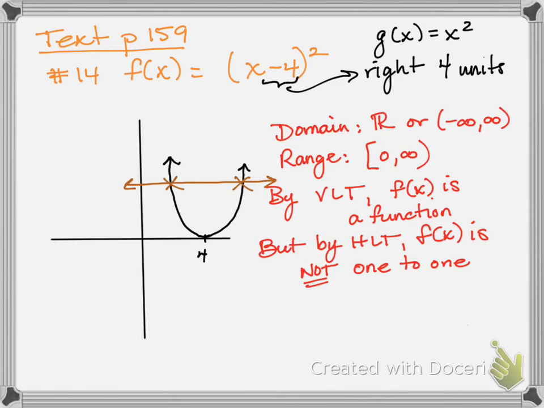So what can I do to the domain of this graph drawn in black? What can I do to this domain that would help this graph pass the horizontal line test? Well, I can easily do some removing of the parts.